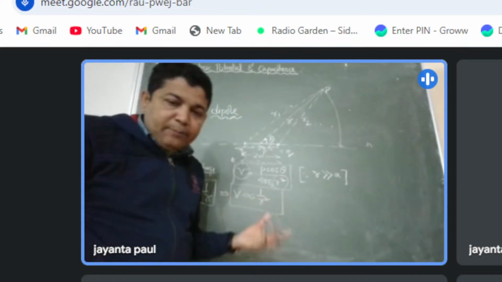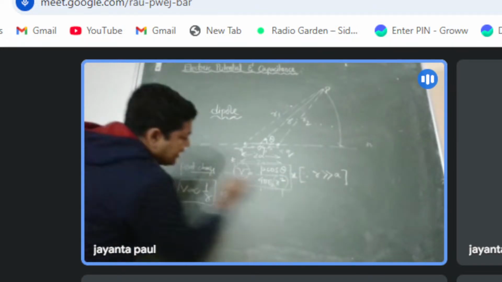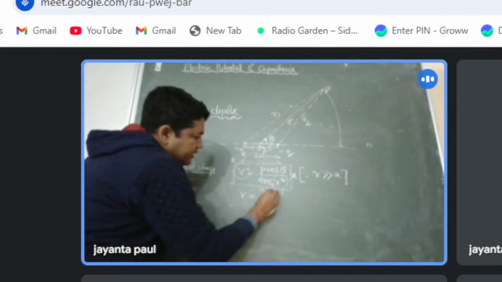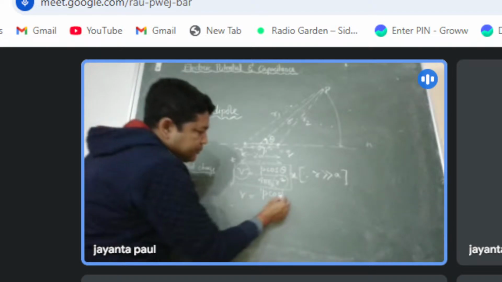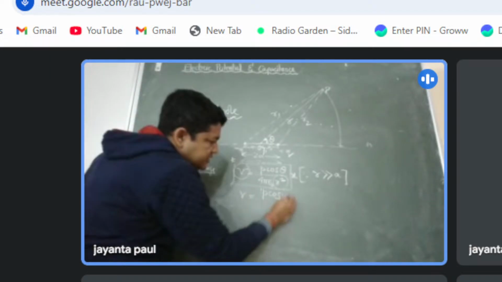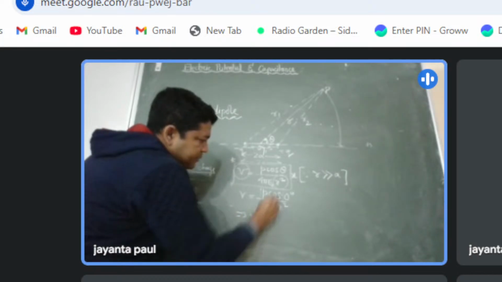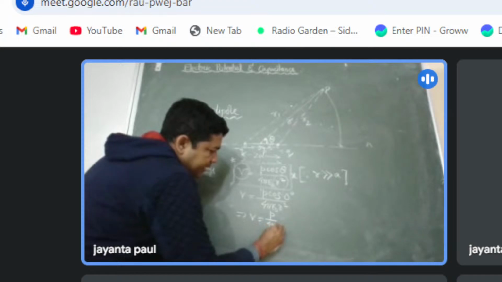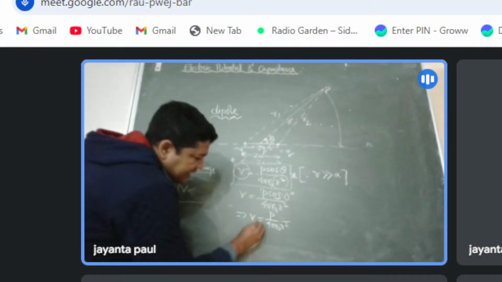Theta will become 0 degree. तो इस फॉर्मूला जिसको याद रहेगा they can do that V is equal to p cos 0 degree by 4 pi epsilon naught r square. So V becomes p cos 0 means 1, so p by 4 pi epsilon naught r square. So this is the answer on the axial line.